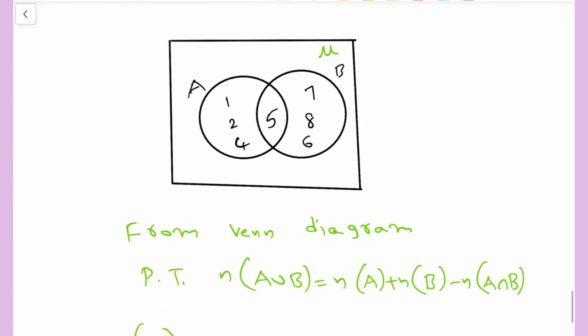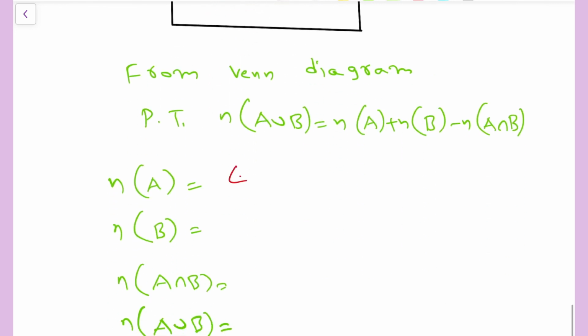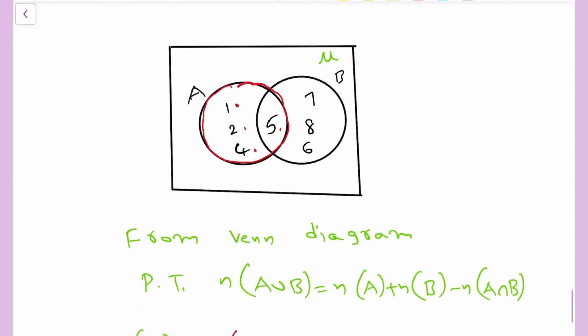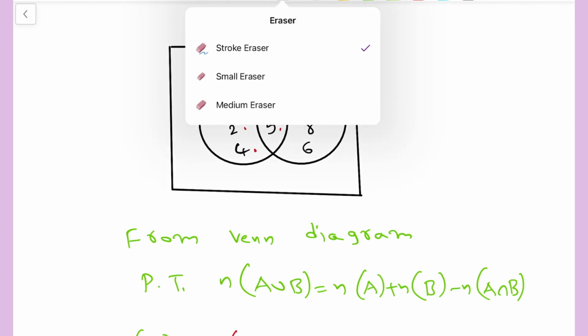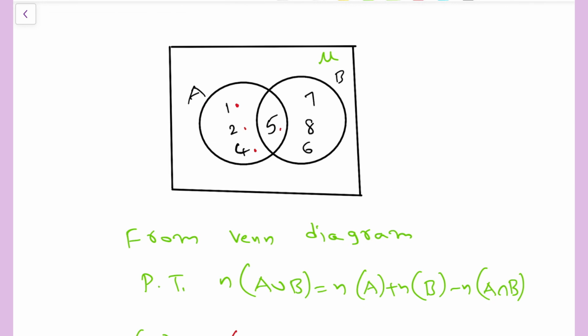Okay, first n of A. This is completely set A, right? So in this circle, how many elements are there? Total 1, 2, 3, 4. 4 elements are there. So n of A will be 4. Next, n of B. Only set B or circle B you observe now.